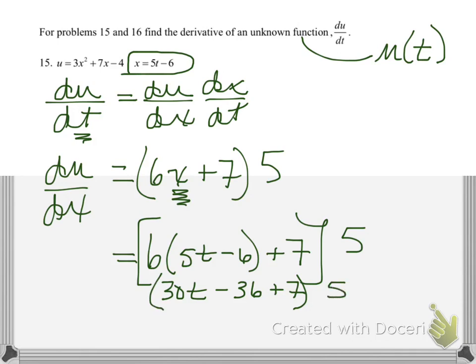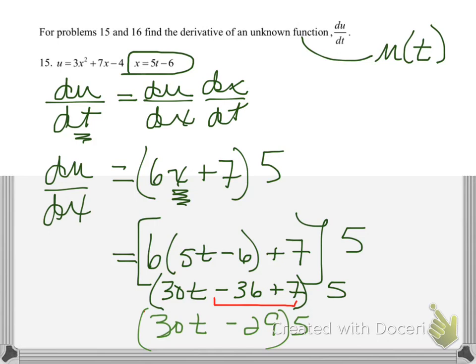So right in here, what can you change that to? Hopefully you said you can change that to negative 29. So inside my parentheses, I now have 30t minus 29 times 5.